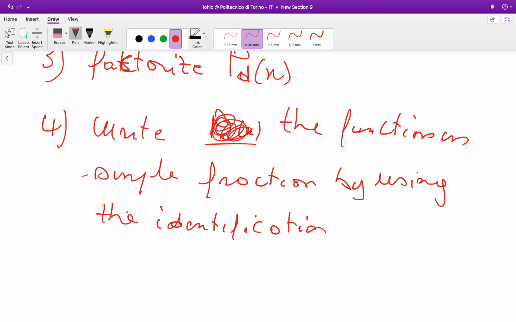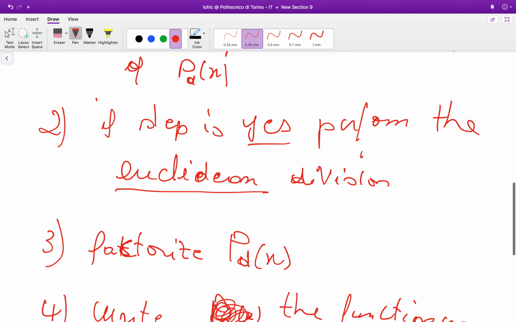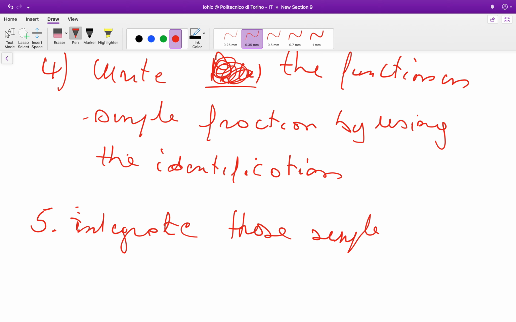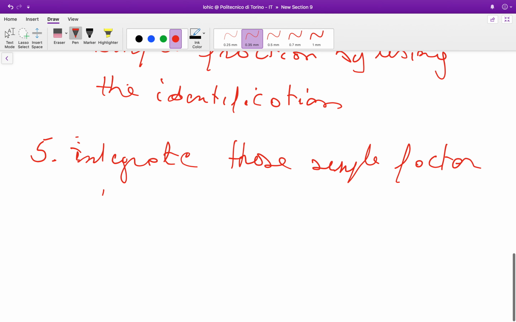Is that clear? And step 5, finally integrate the simple fractions. Integrate those simple fractions to get your answer.